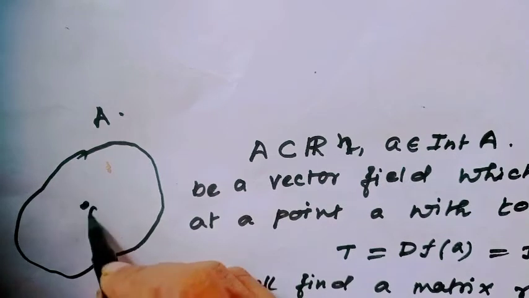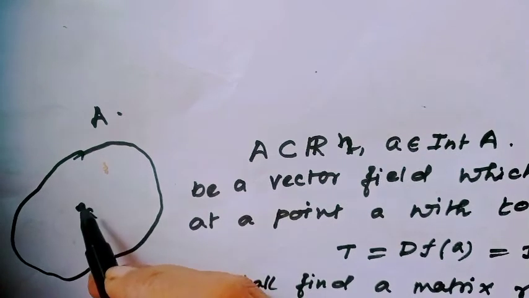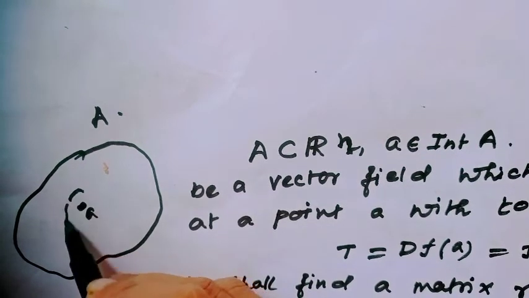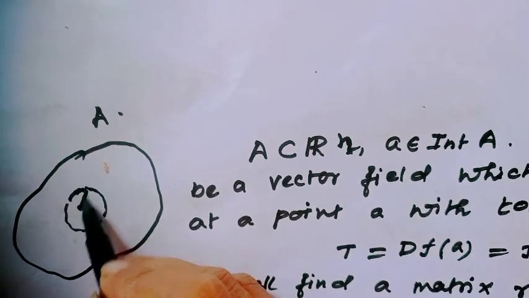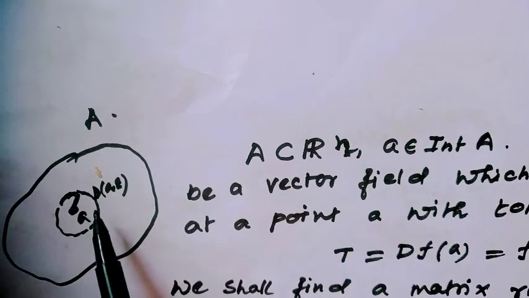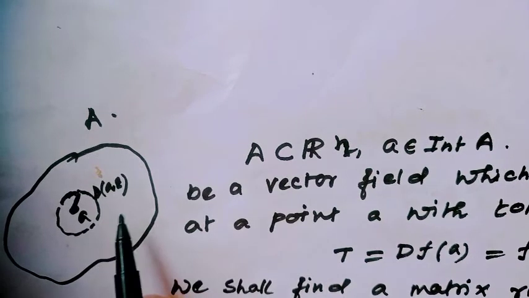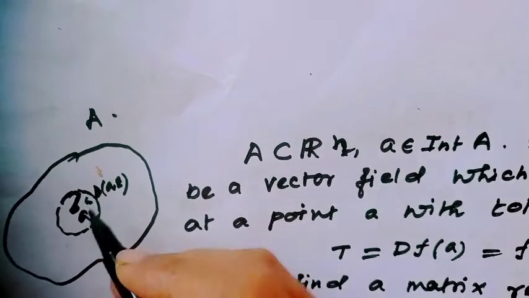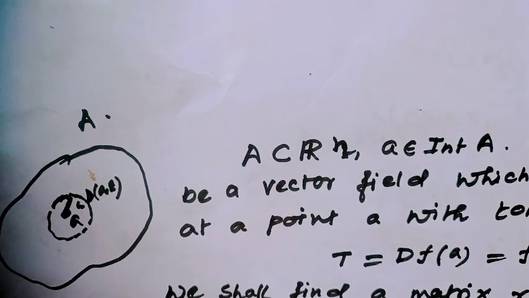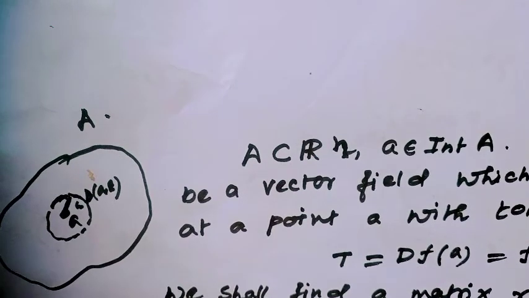Consider a point a, and interior of A means this open ball. Every point lies in this open ball B(a, epsilon), where epsilon is the radius of this ball, and these are the points of the interior of A. Okay?